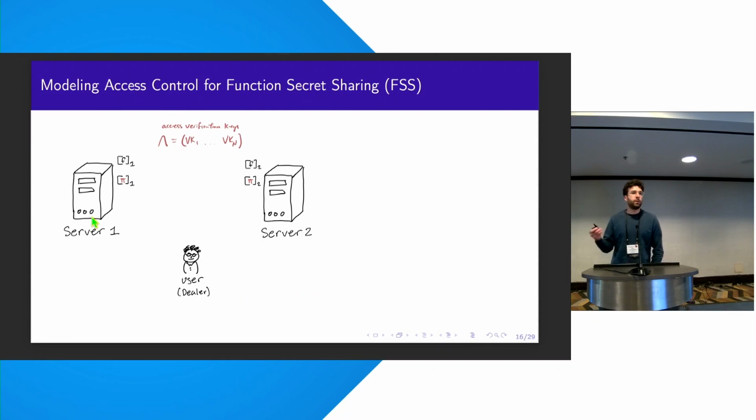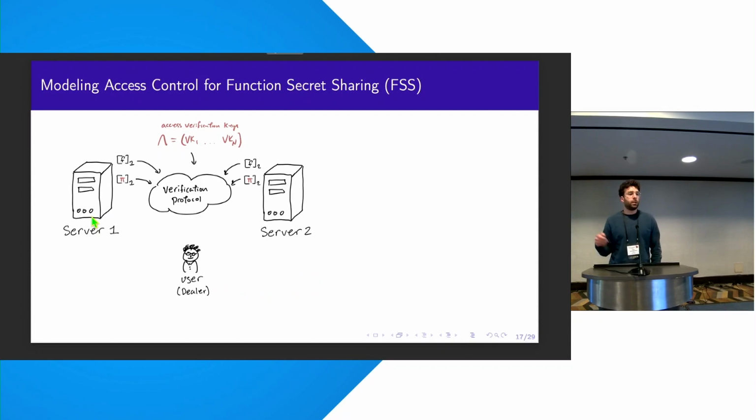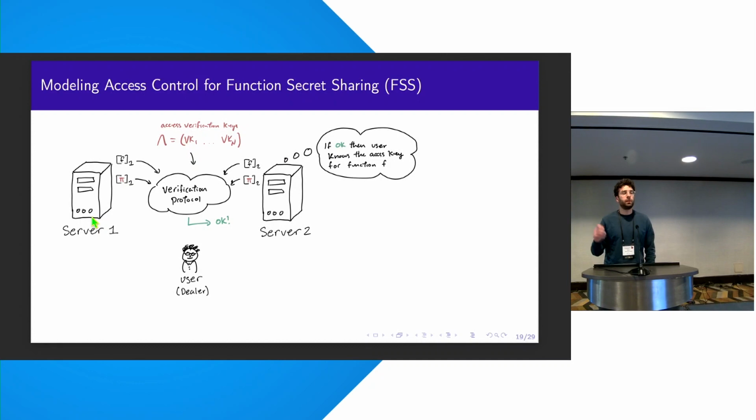So when the servers have the shares of the function and the proof, they can run a lightweight protocol, along with the verification keys, to check that the user actually has the corresponding access key for the function that is secret-shared. And if this protocol outputs OK, then the servers know that the user actually has the right access key for the function f.